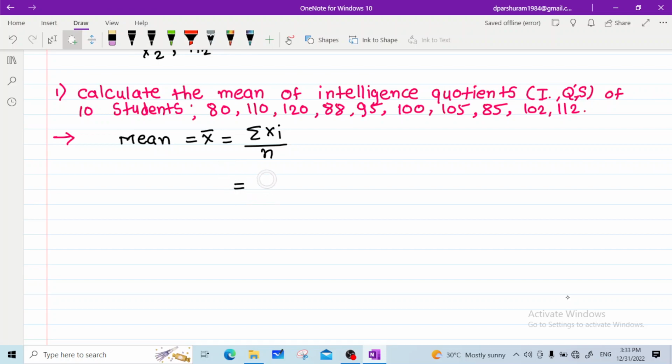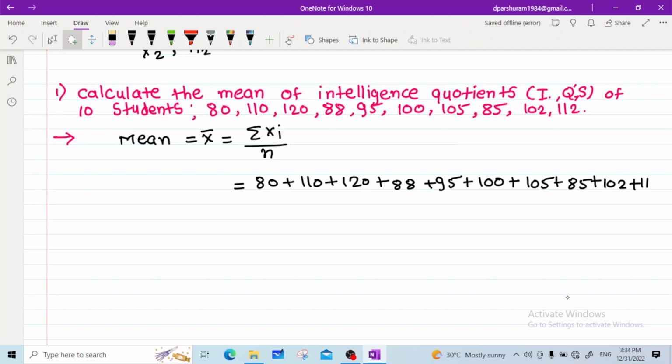Summation xi means we have to calculate their sum, that is 80 plus 110 plus 120 plus 88 plus 95 plus 100 plus 105 plus 85 plus 102 plus 112, divided by n.